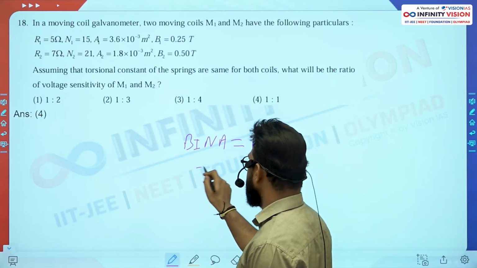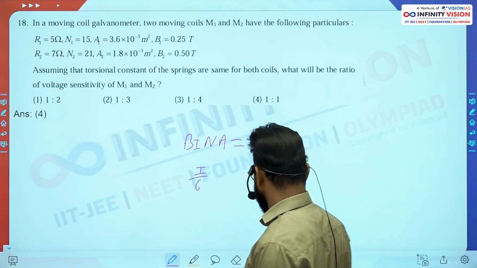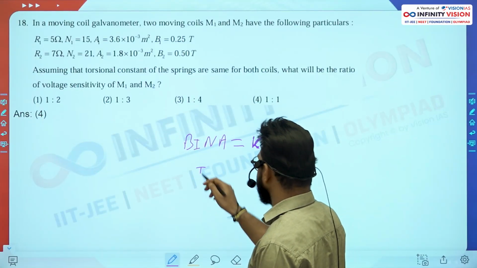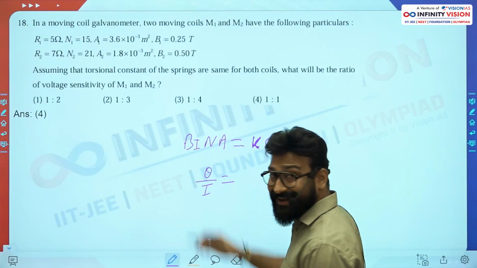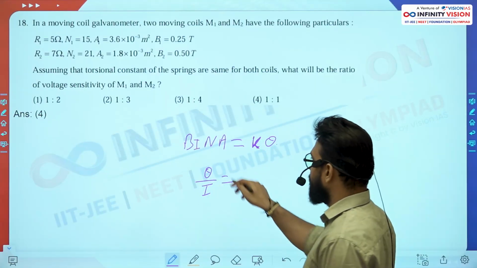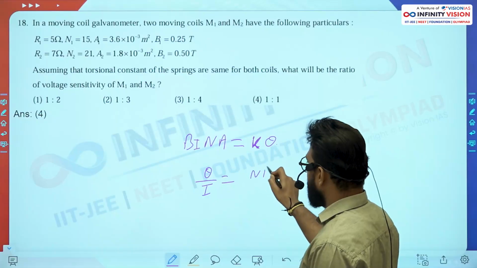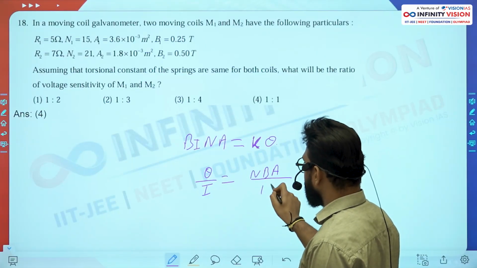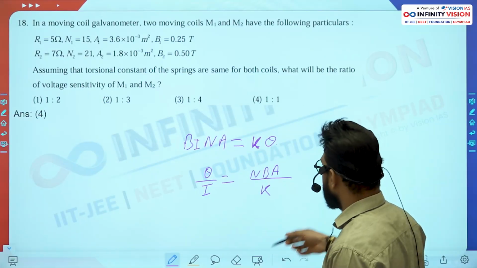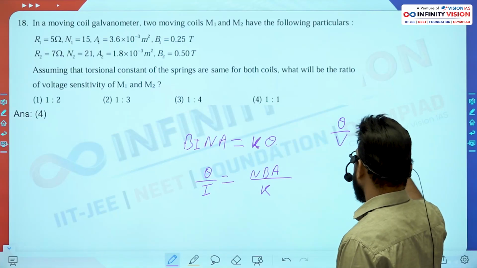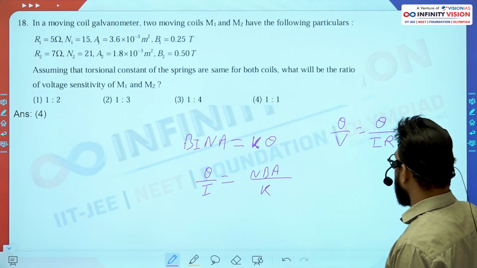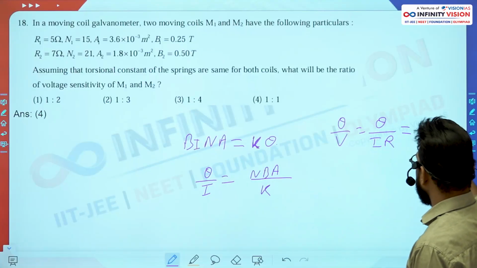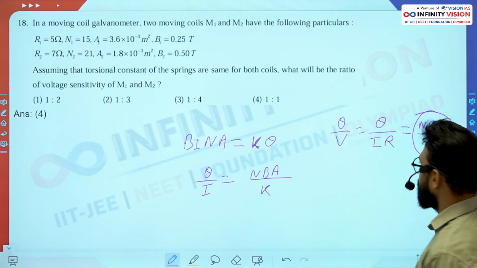So theta by I is your current sensitivity. Theta by I comes out to be NBA by K. Voltage sensitivity is given by theta by V, where V is IR. So theta by V is NBA by KR. So this is your voltage sensitivity.